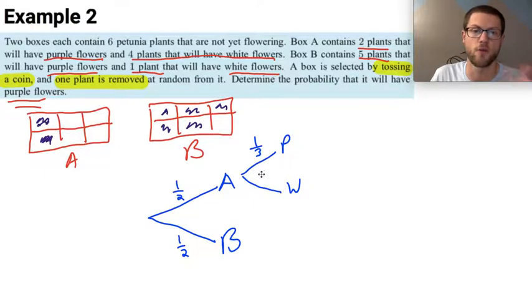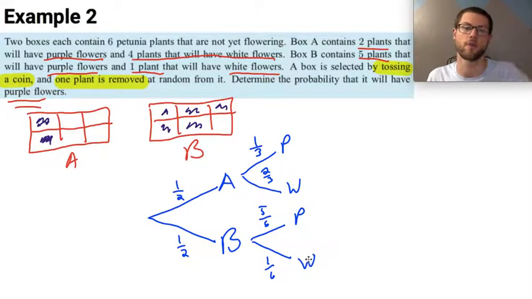And then there's a 4 out of 6, or 2/3 chance, of pulling a white petunia. Looking at box B, if I were to randomly have landed on box B, there is a 5/6 chance of pulling out a purple petunia, and then a 1/6 chance of pulling out a white petunia.